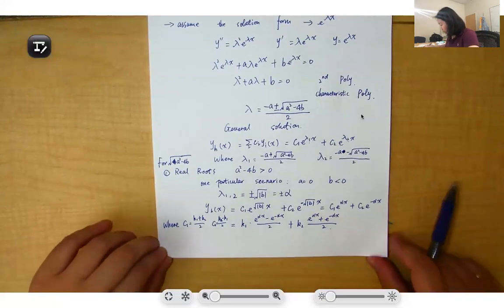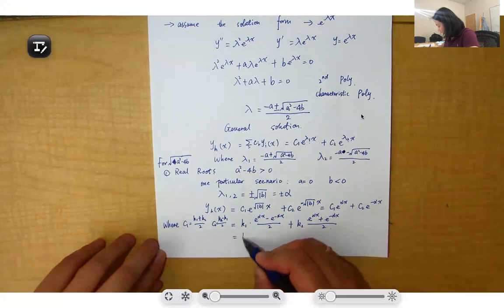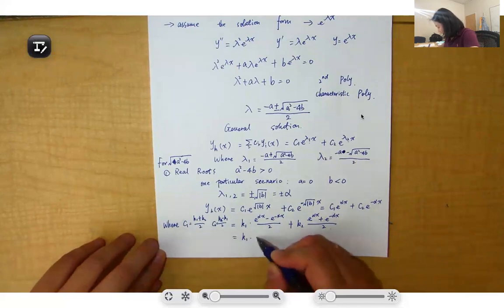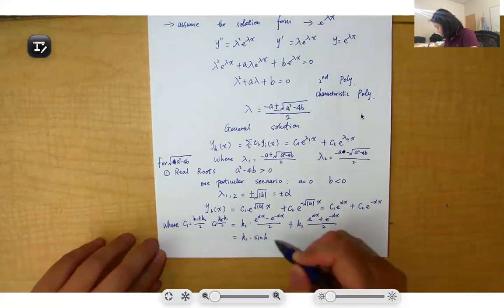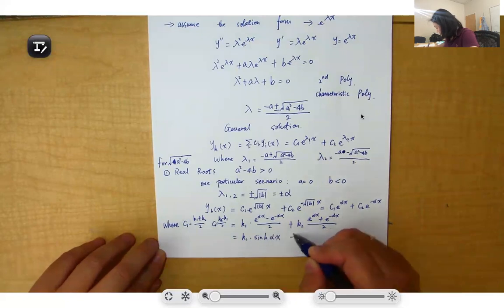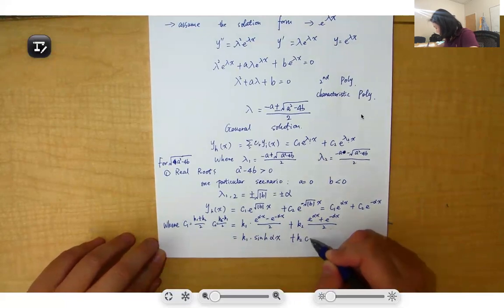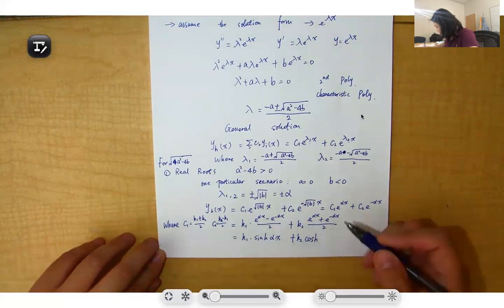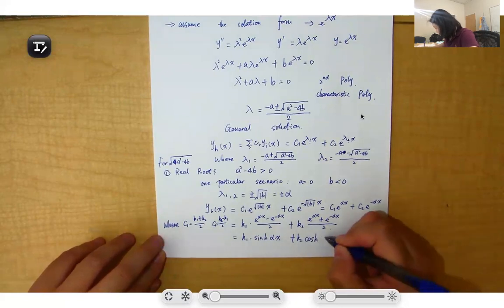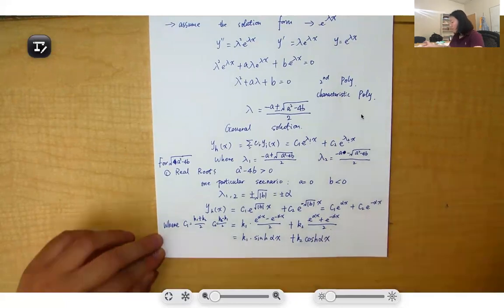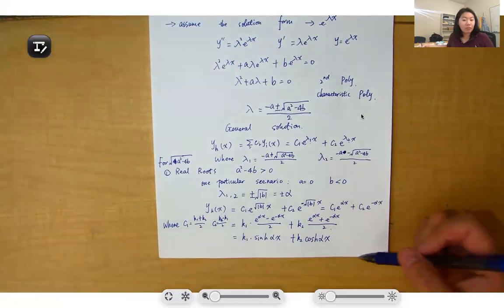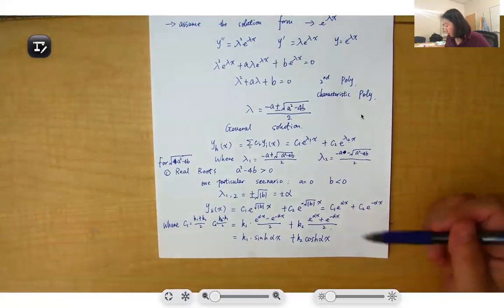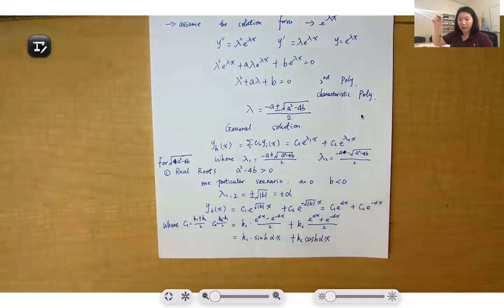And this will be equal to k1 times sinh lambda x plus k2 times cosh lambda x. So in the plot, if you know these functions, you will imagine what they look like.